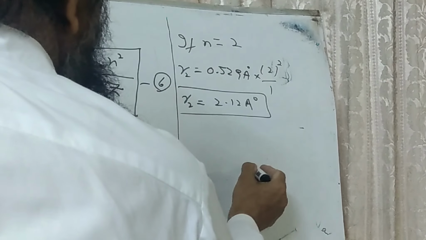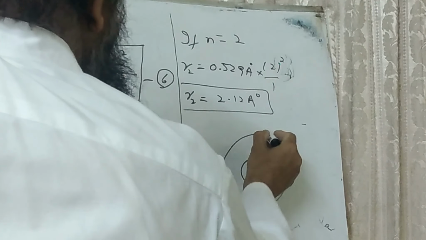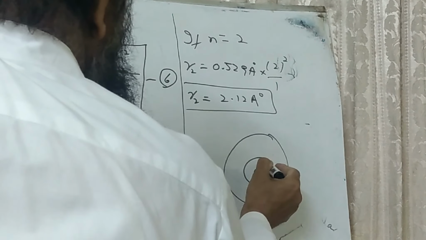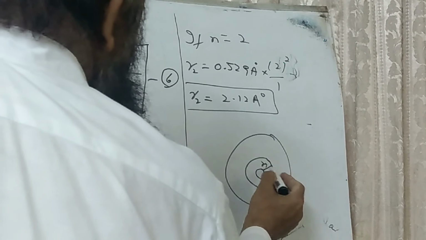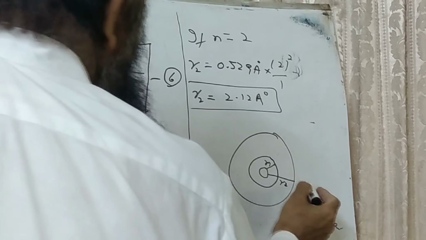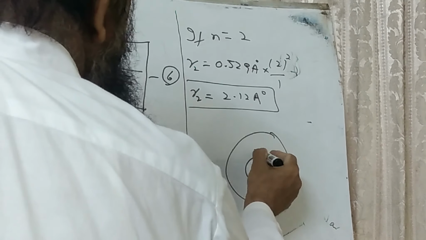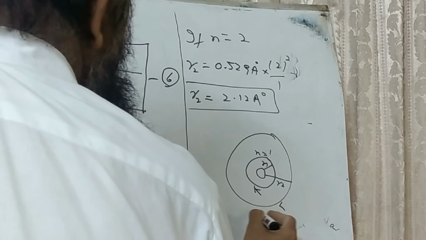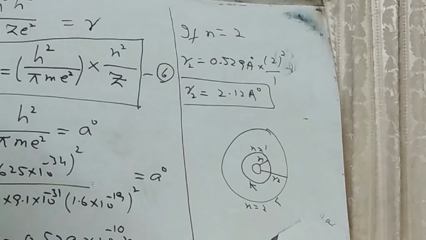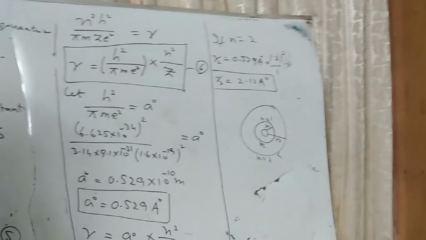For example, this is the first one, this is the second one, and this is the nucleus. So this is R1 and this is R2. This is the K shell, this is the L shell. In this case n is equal to 1, and in this case n is equal to 2. So you can see that by increasing the n value, the radius is also increased.